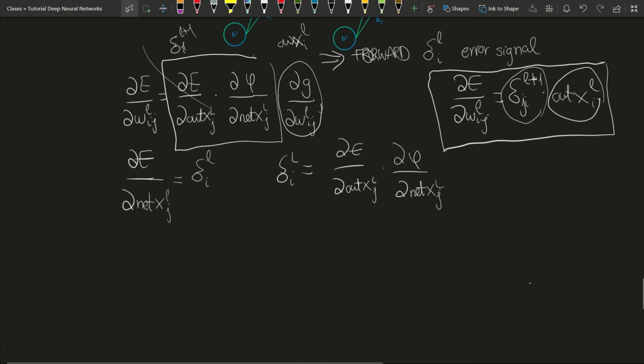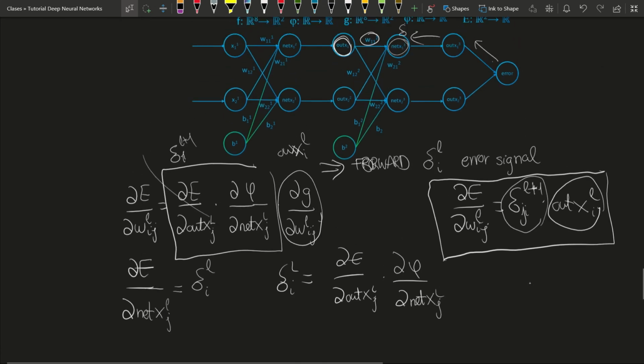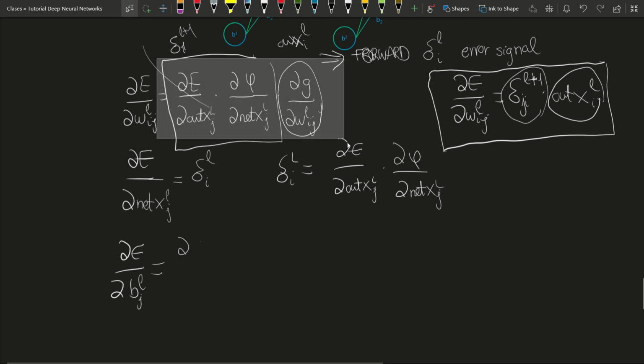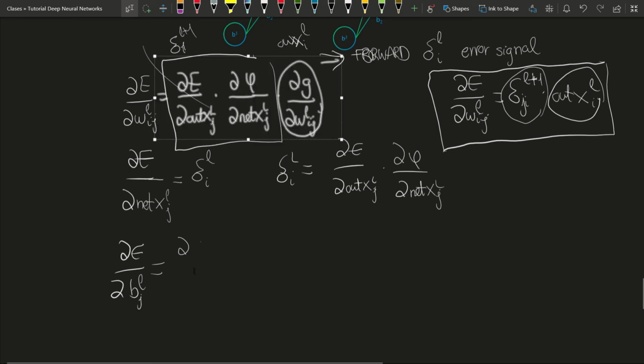Also, in the previous video we didn't see how to calculate the derivative of the error with respect to a certain bias. So if we apply the chain rule to the bias, we will see that it will be the same as this. Okay, so I will put it here.